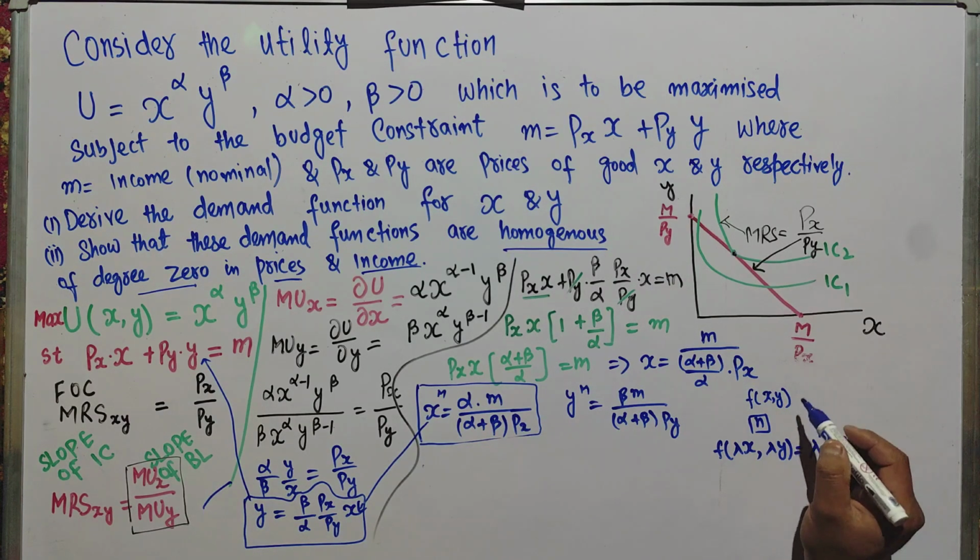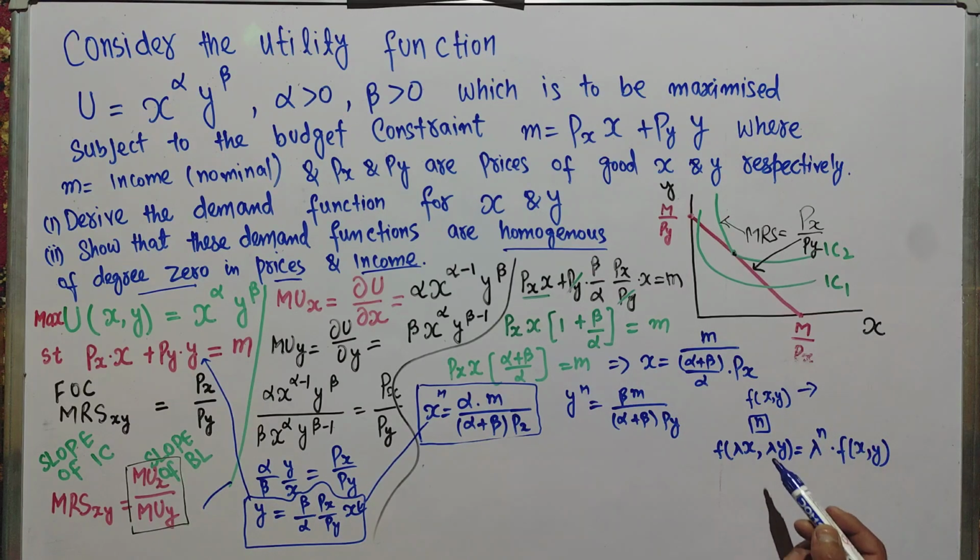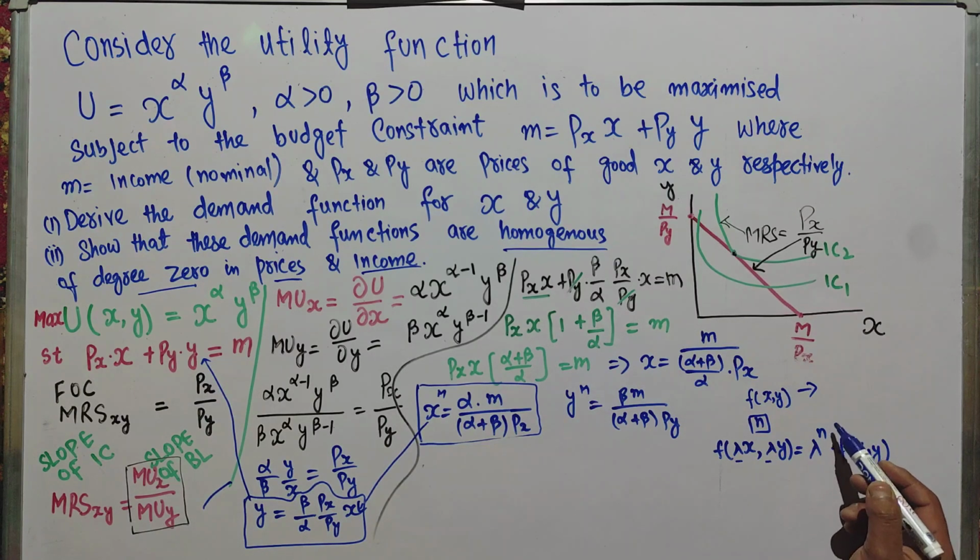I am saying this function is homogeneous of degree n when each input or factor is increased by a constant, and I get it equal to lambda raised to power n times the original function.